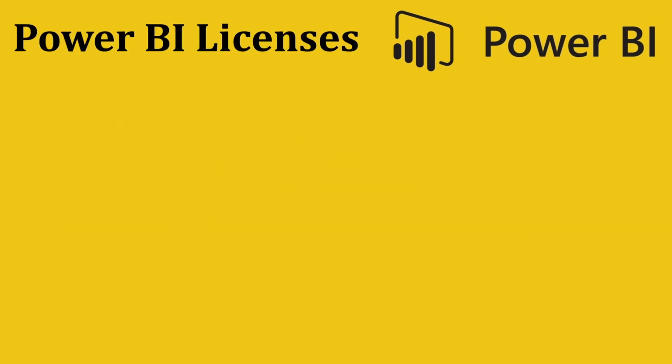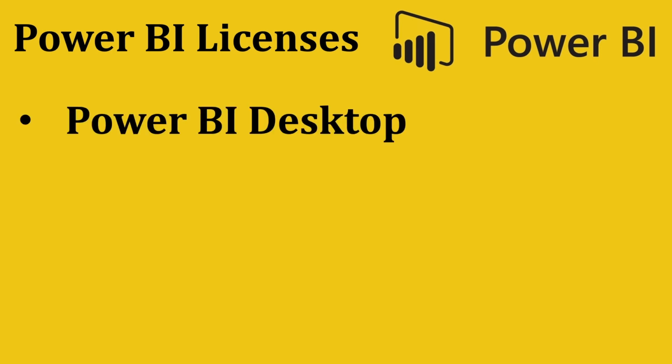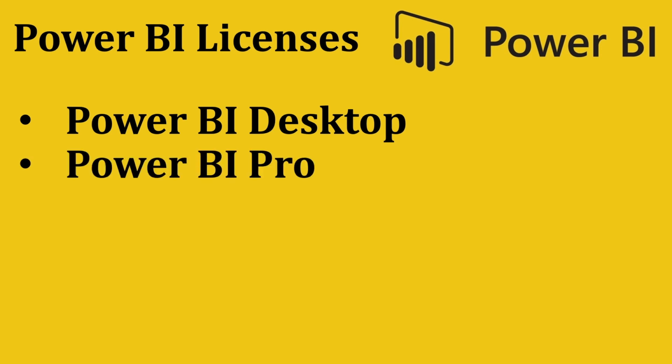All right, so first things first, what are the Power BI licenses that are available for you to download? The first one is the Power BI Desktop license. This is a free version of Power BI which you can download and install on your local machine or on your computer. The second most common one is the Power BI Pro license.